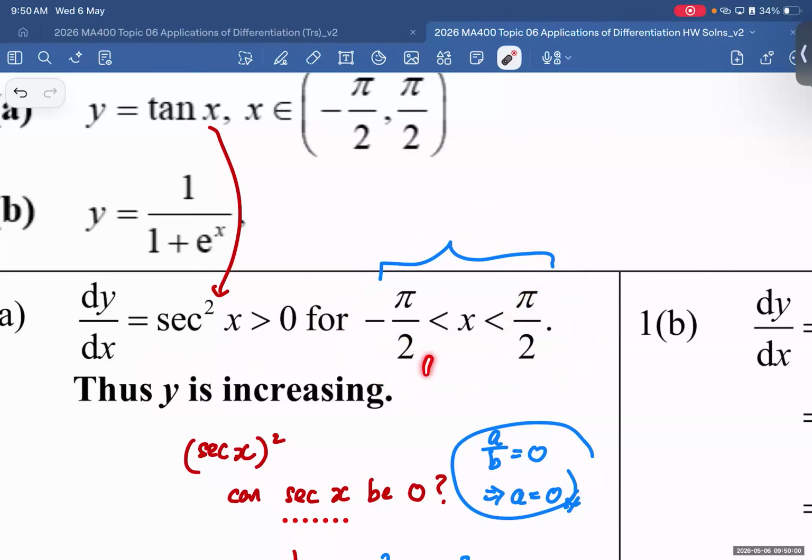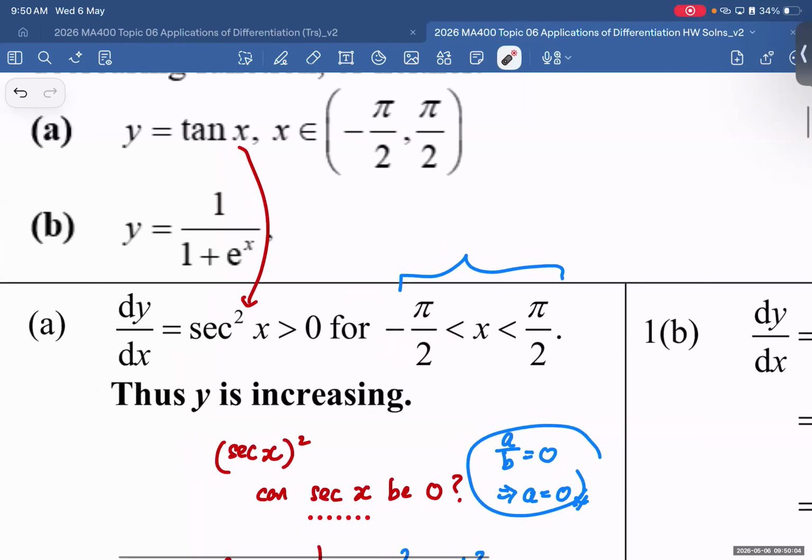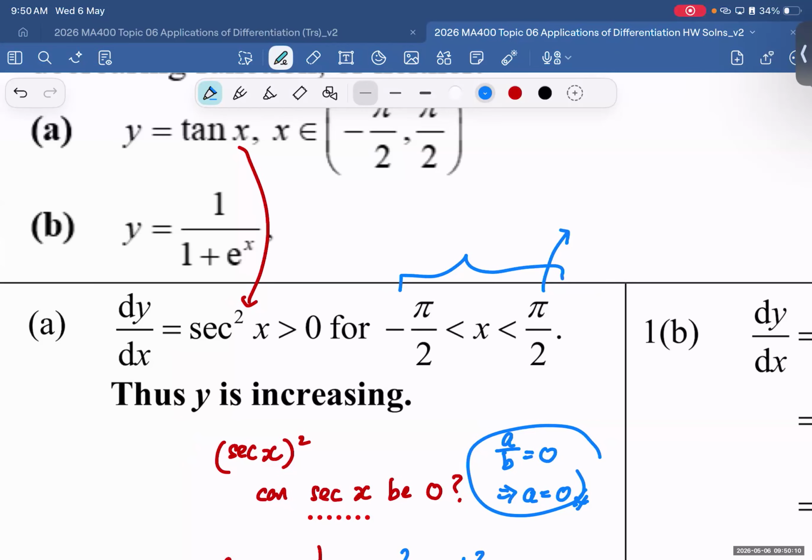What will happen? Very good. If you consider secant pi over 2, it's the same as 1 over cosine pi over 2, which is like 1 over 0. Oh, this is undefined.